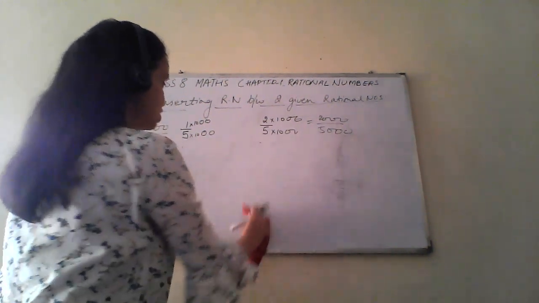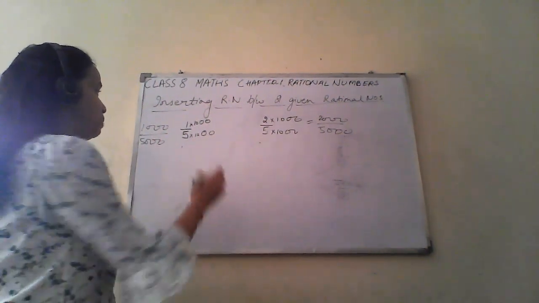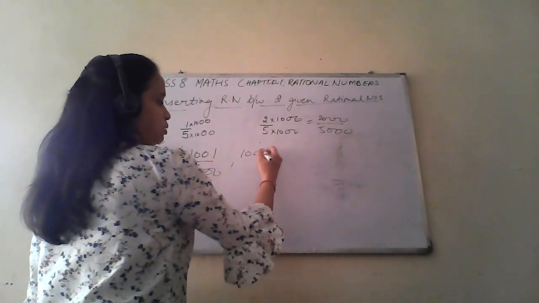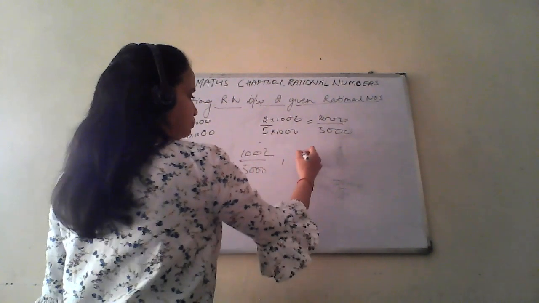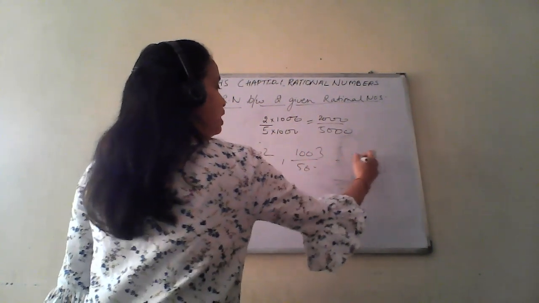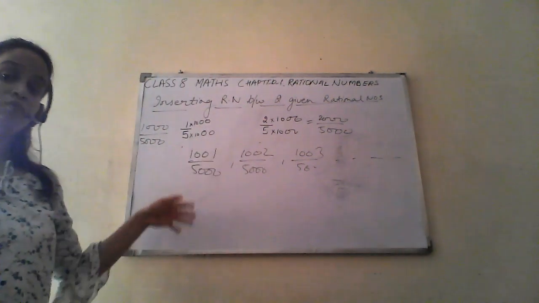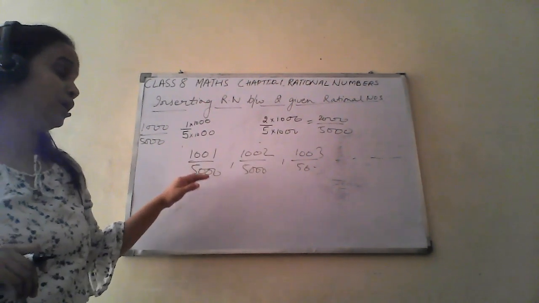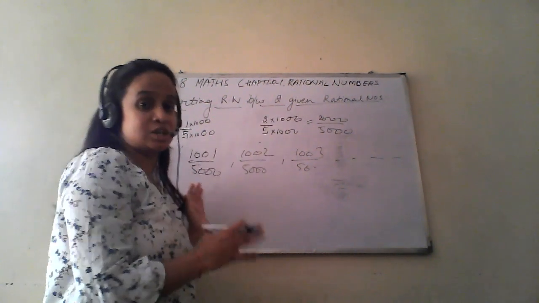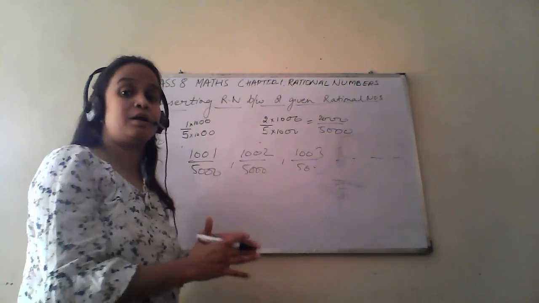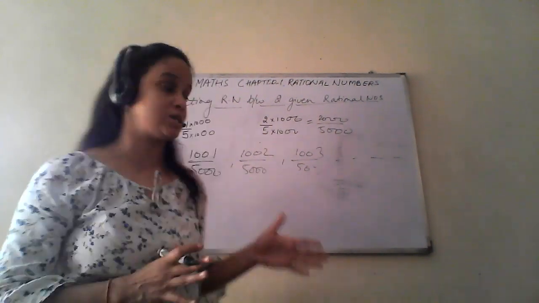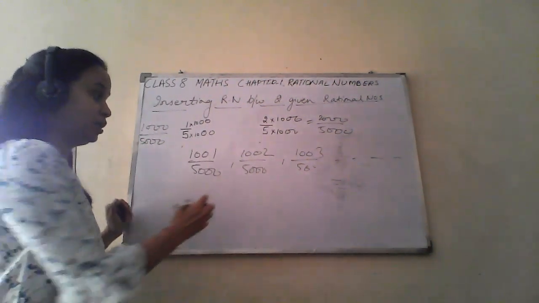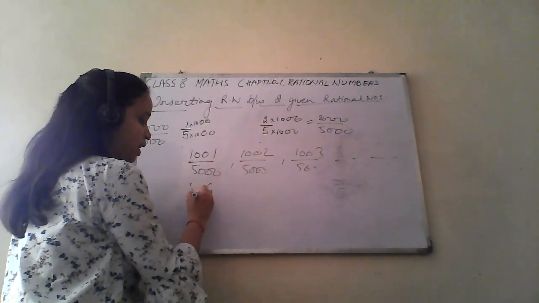So the rational numbers present between 1 by 5 and 2 by 5 will be like so on. So what is the difference between plotting whole numbers, integers and rational numbers? It means that between two rational numbers, there are infinitely many rational numbers present. We cannot fix the number of rationals between two given numbers.